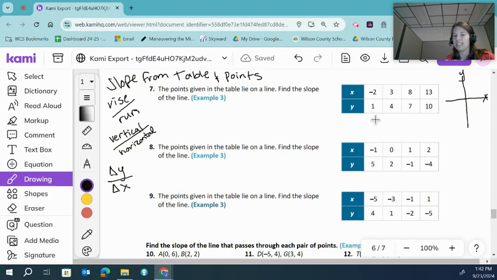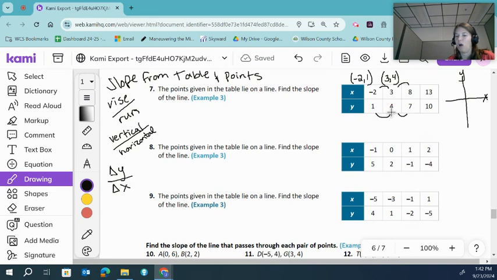Now, each of these can also be written as ordered pairs. So this would be our ordered pair -2, 1, X comma Y. This would be 3, 4. And this is where finding slope from a table and from points is very similar, because we are going to be looking at the change of Y values over the change of X values for each of these.